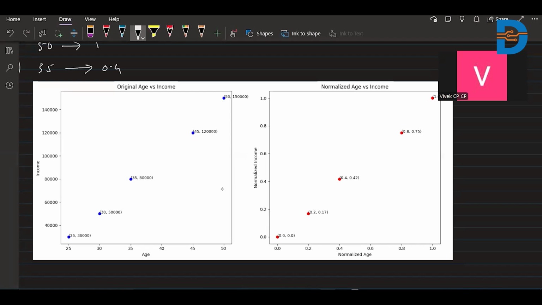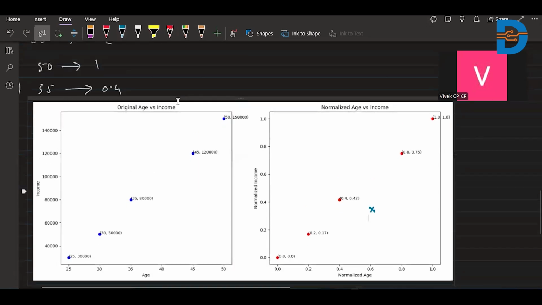And now the advantage over here is when you're calculating the distance between the points, let's say if a new point comes up here. Let's say it shows up over here. And if I'm calculating the distance between those points, none of these features are going to contribute more than they should, just because they have a higher scale, like our income was doing previously.